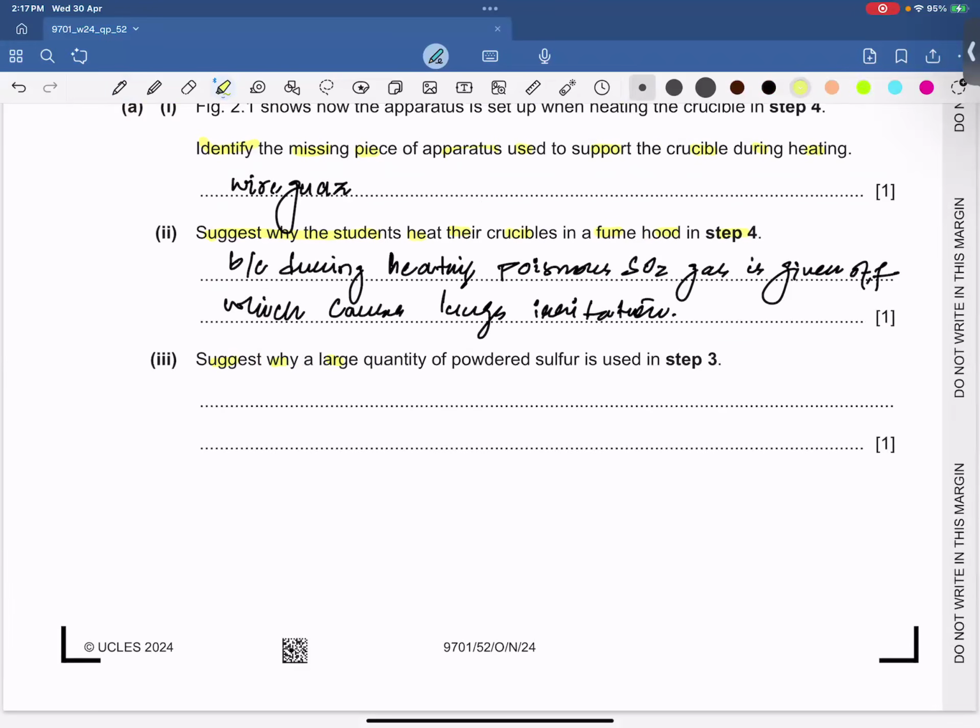Suggest why a large quantity of powdered sulfur is used in step 3, to make sure all the metal M has been used up during the reaction.